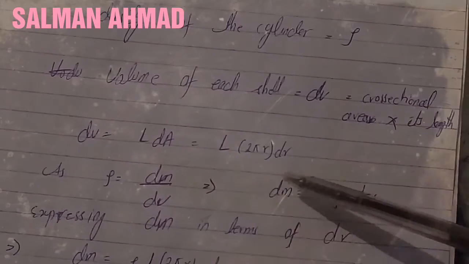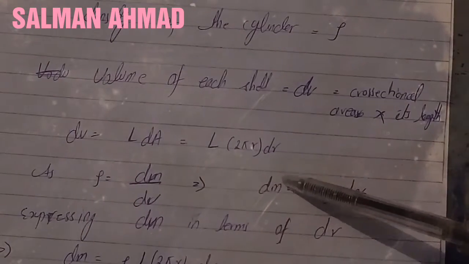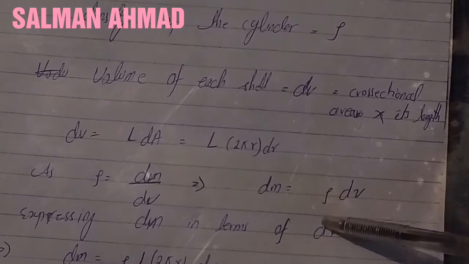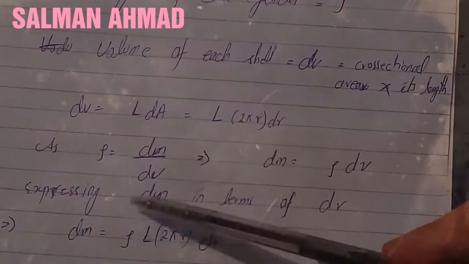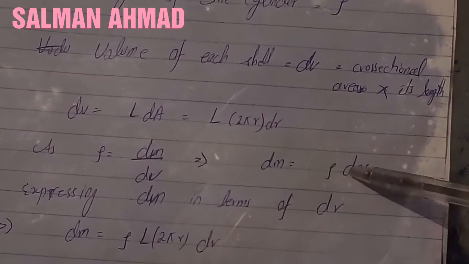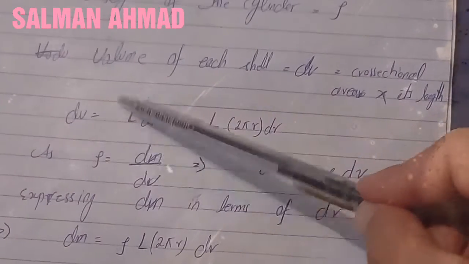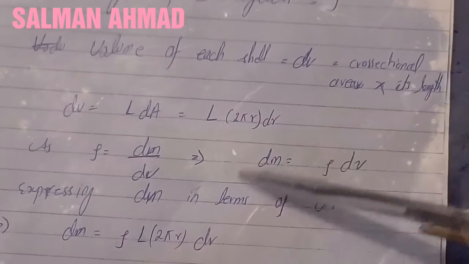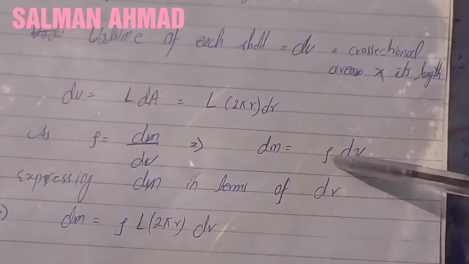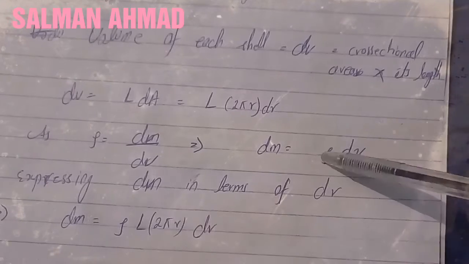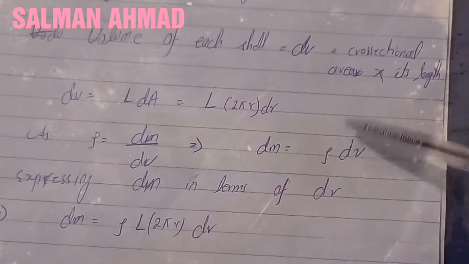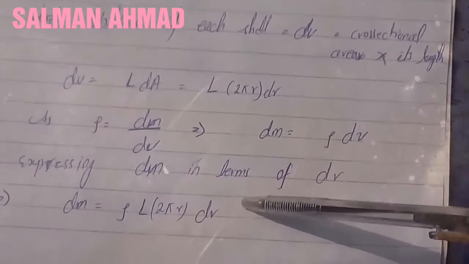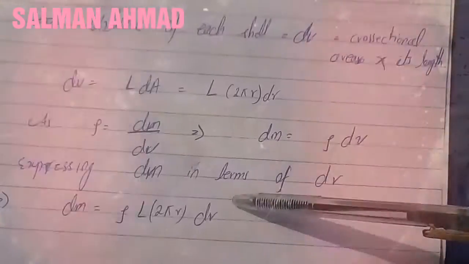Expressing dm, the mass of that small cylindrical shell, in terms of dr, the thickness: in place of dV we put L into 2 pi r dr, so dm is equal to rho L 2 pi r dr.